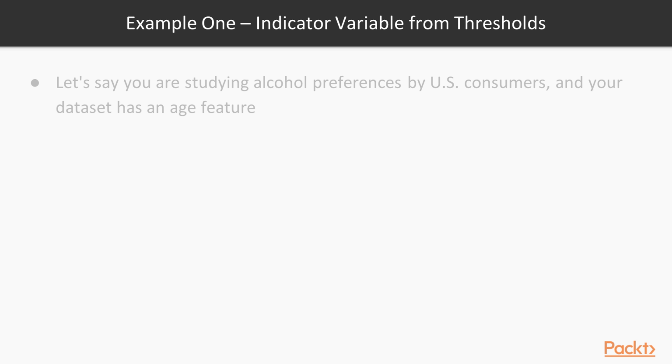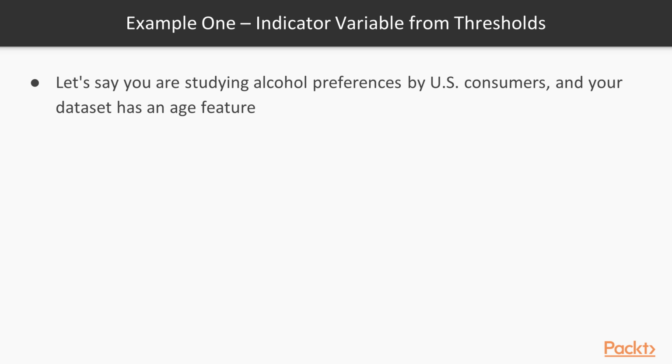So for example, the first one is an indicator variable from thresholds. Say we have a data set of users, those users are students, and we want to find out studying alcohol preferences by US consumers, and our data set has an age feature. It can also have different features like name, surname, age, and for example, address.